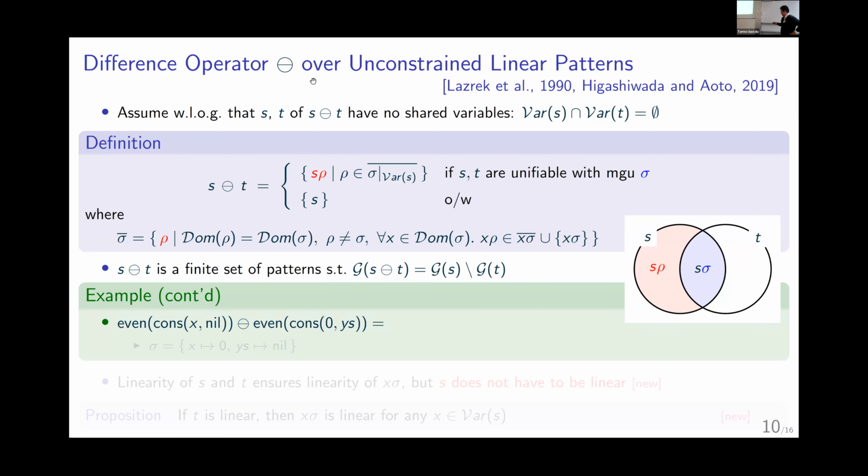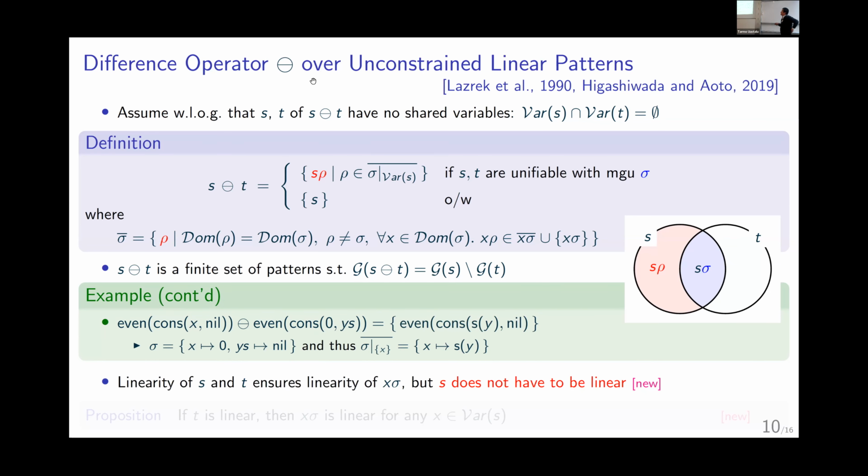So in this case, these are unifiable, and thus we have an MGU, and then we obtain this set by computing this part. So we compute the complement of not near, so 0, and then we obtain S of y, and then we apply this substitution, and then we obtain this one.